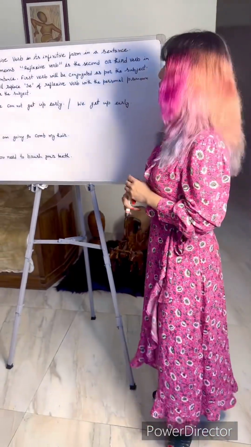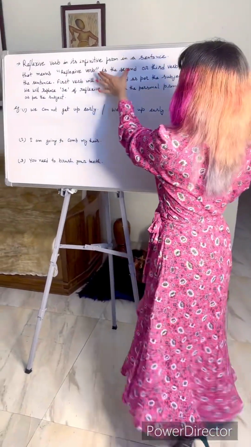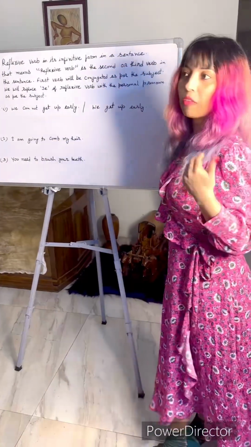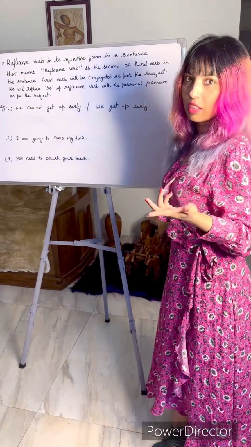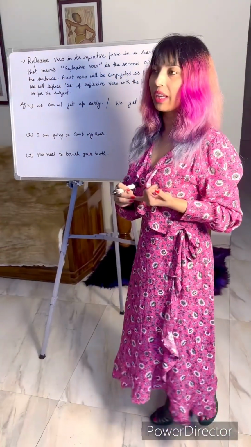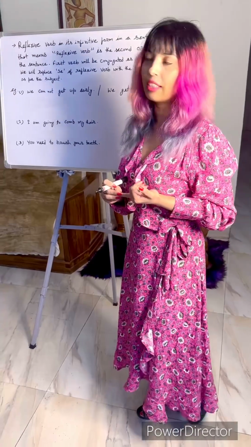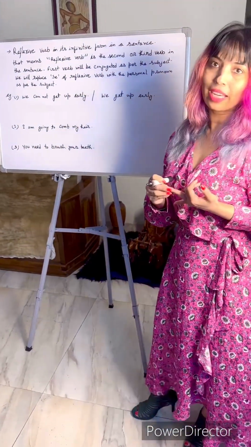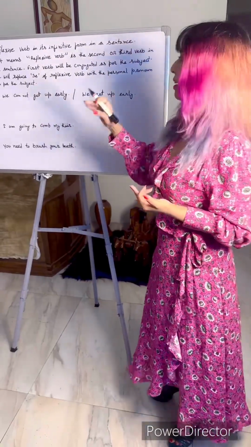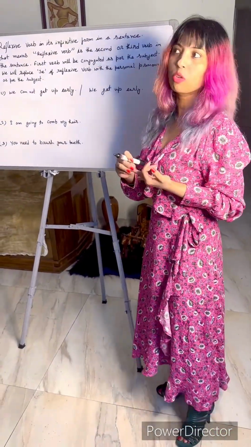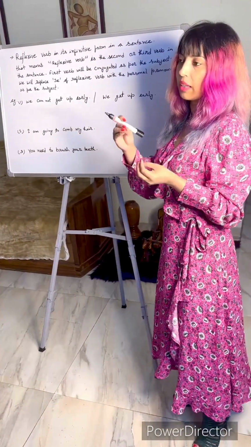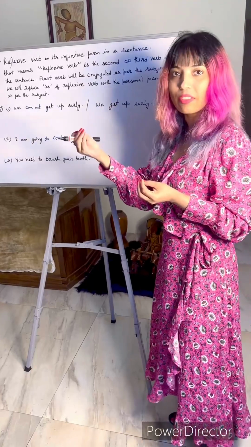Now we are going to talk about how to use the infinitive form of a reflexive verb in a sentence. When do we use the infinitive form of a verb in a sentence? I have already told you guys, when we have more than one verb in a sentence, we conjugate only our first verb as per the subject of the sentence, and the rest of the verbs are supposed to be used in their infinitive form.